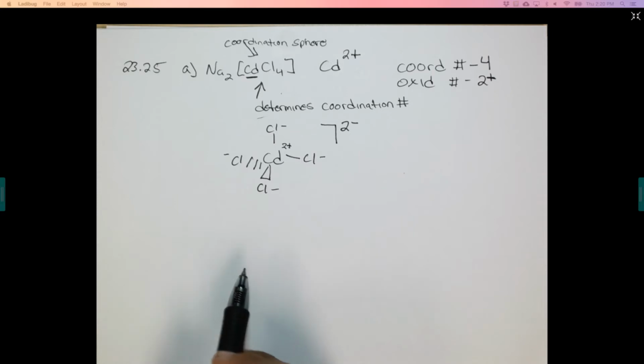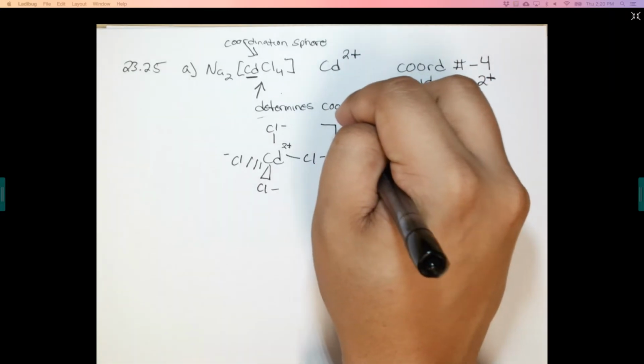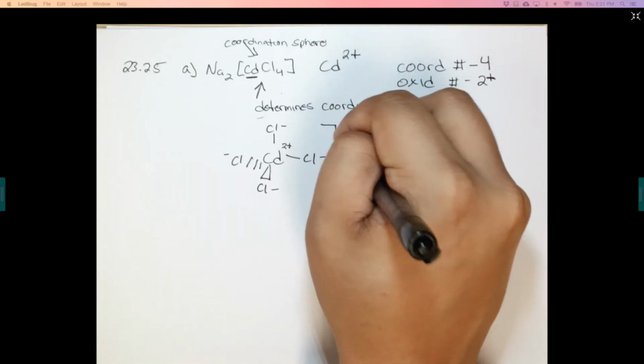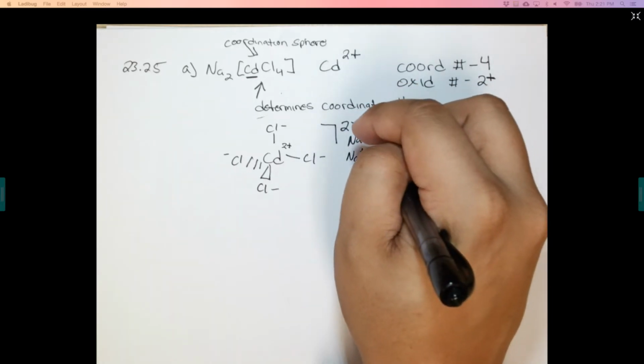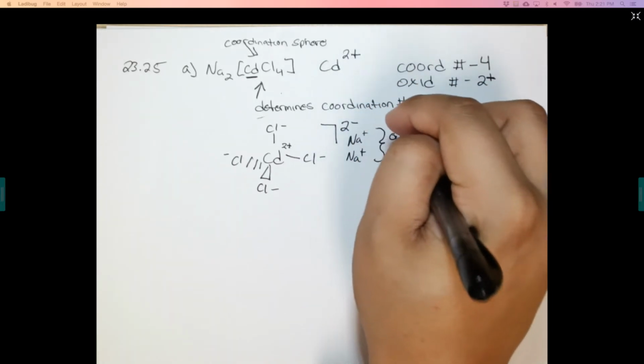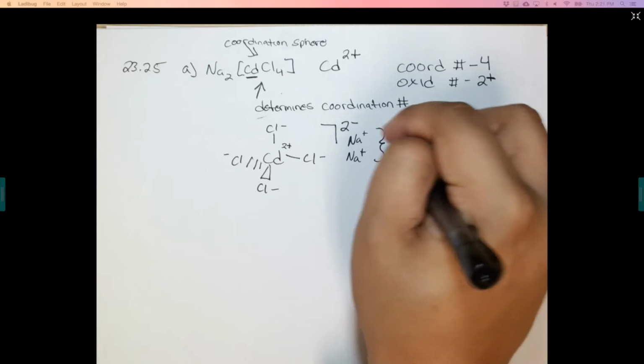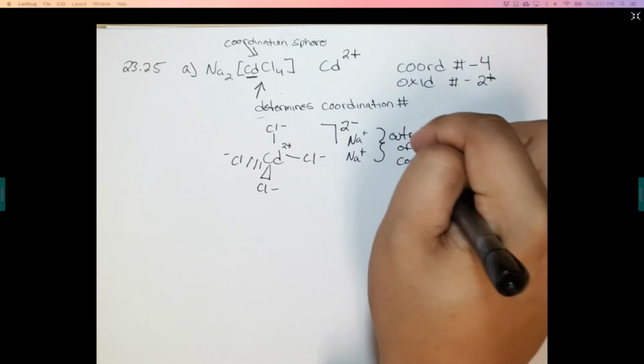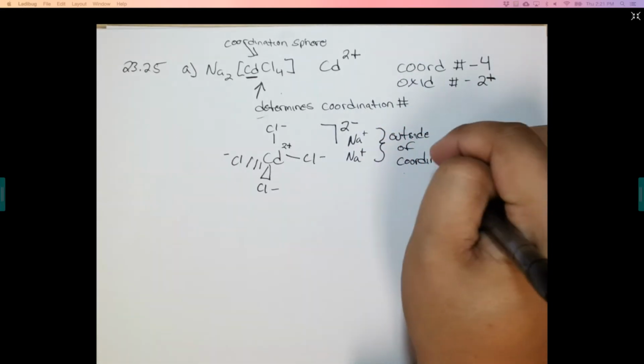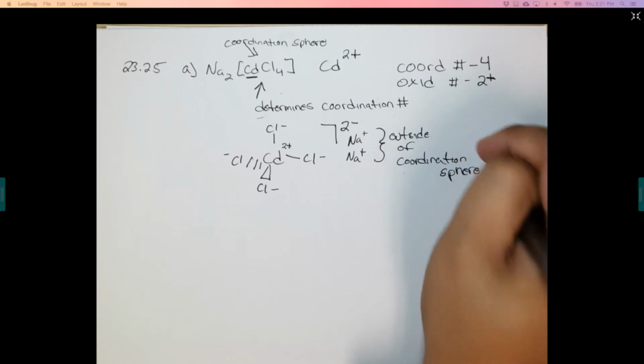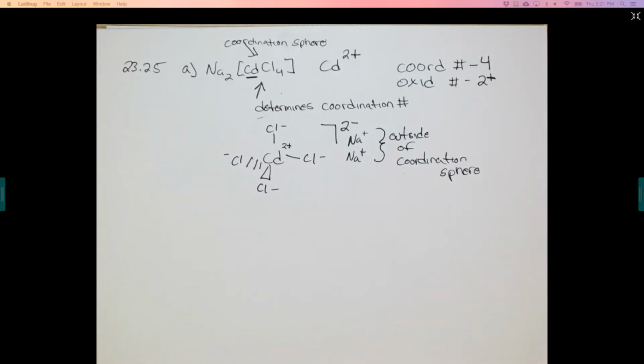So this would be the structure. Outside of that structure, you would have 2 sodium ions that are outside of the coordination sphere. So there is your structure for A.